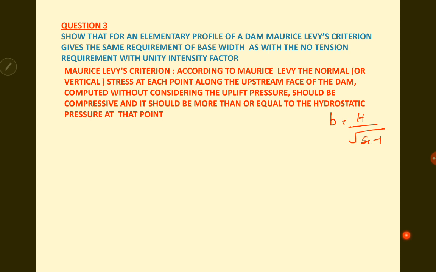Now you have to prove that this equation is the same as that we get from Morris-Levy's criteria. What is this Morris-Levy's criteria? According to this criteria, the normal or the vertical stress at each point along the upstream face of the dam, computed without considering the uplift, should be compressive and should not be more than or equal to the hydrostatic pressure at that point.